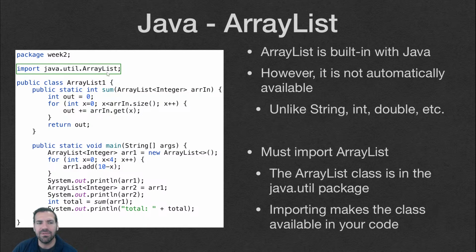So if we wanted to find the ArrayList code, if we go through the Java library, the JDK, we're going to find it in a directory named java, in a subdirectory named util, and then in a file named ArrayList.java. We know that because Java enforces package structure and file names matching class names. So we know exactly where to find this ArrayList code if we want to look at the source code for the ArrayList class.